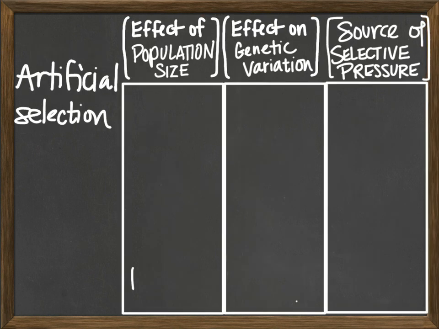Now, let's shift gears to artificial selection. So, in artificial selection, what's the effect of population size? Well, remember here we're talking about populations of domestic animals or plants. This could be chickens, this could be goats, this could be apples or tomatoes, it could be potatoes, you name it, any domestic plant that humans have artificially selected over the years.